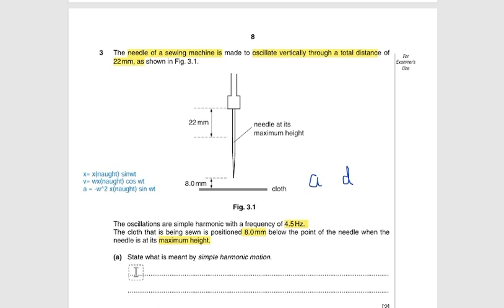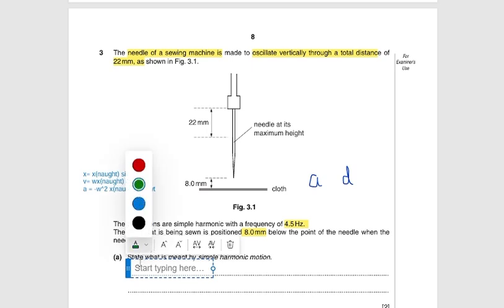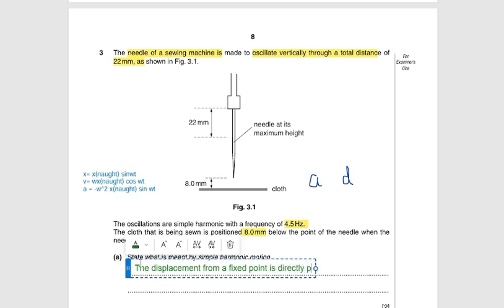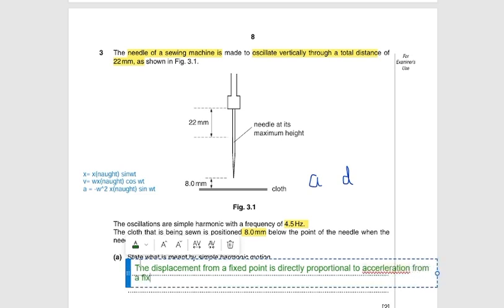So what we will say is the displacement from a fixed point is directly proportional to acceleration from a fixed point but in opposite direction. And that is it.